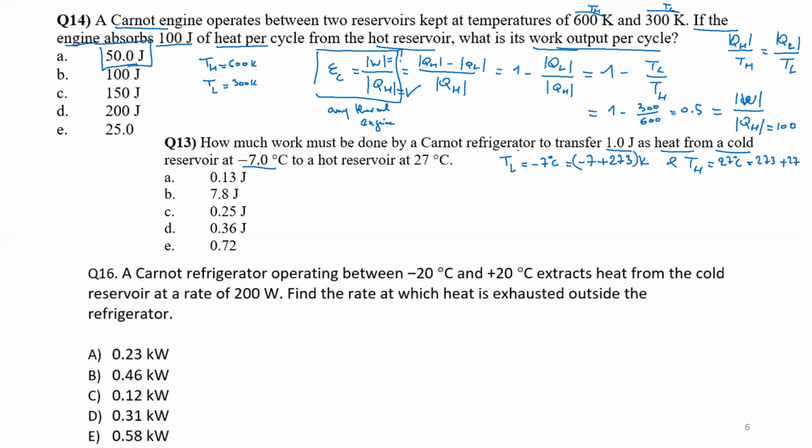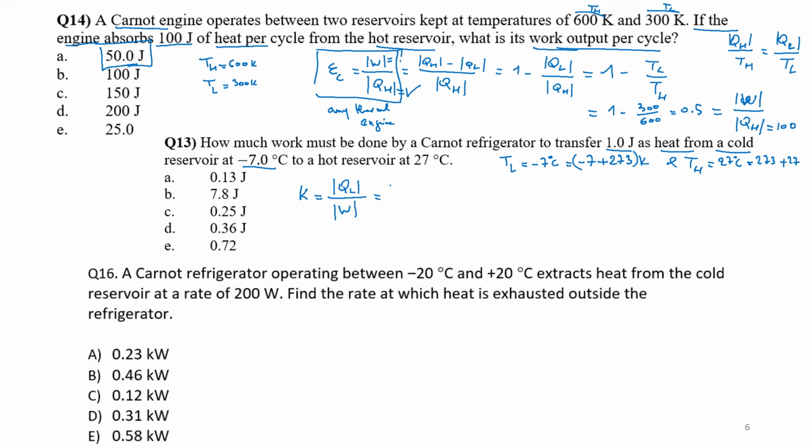Now, it's a Carnot refrigerator. So what is the coefficient of performance, K, for a Carnot refrigerator? If you remember, it's in your formula sheet. What I want to maximize is QL, and what I want to minimize is the work. So this is equal to what?